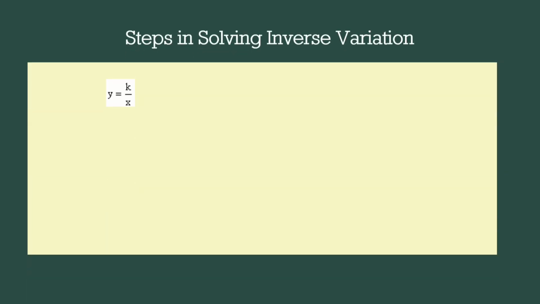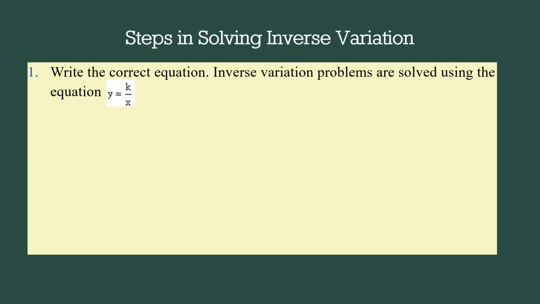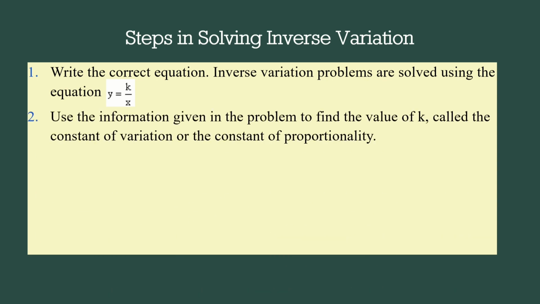Solving inverse variation problems, we follow the same steps as in solving direct variation problems. So the steps are the following. Number 1, write the correct equation. Inverse variation problems are solved using the equation y is equal to k over x. Number 2, use the information given in the problem to find the value of k, called the constant of variation or the constant of proportionality.